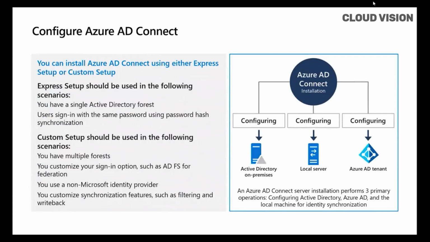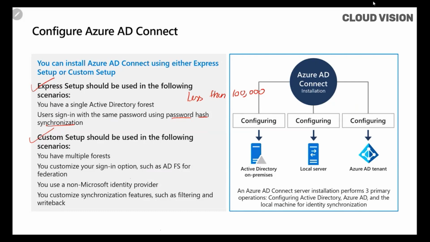Now, as I said, you have two options when you're configuring the Azure AD Connect tool. Either you go with the Express setup or you go with the custom setup. Express setup is helpful when you have a single Active Directory forest, and the authentication solution that your organization is going to use for your hybrid identity model is password hash synchronization, and if you have fewer than 100,000 objects that you're planning to sync to the cloud.